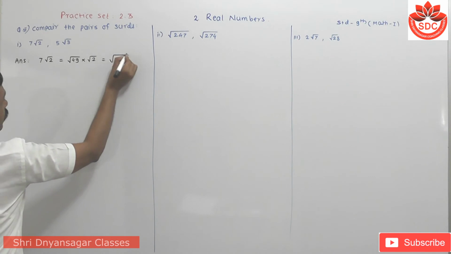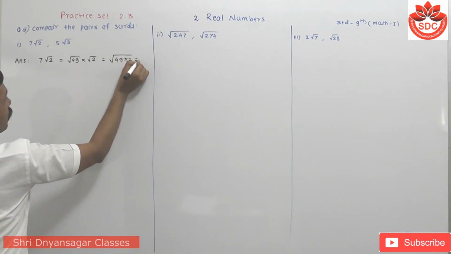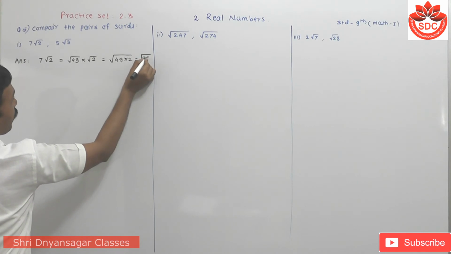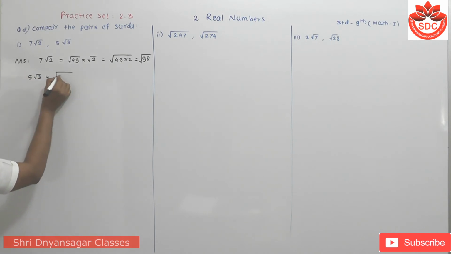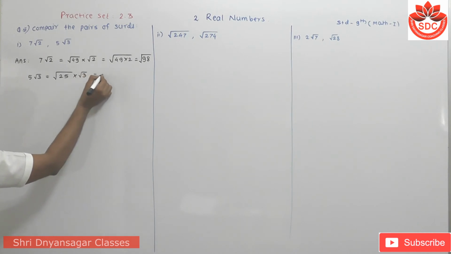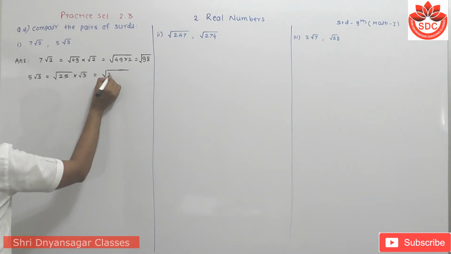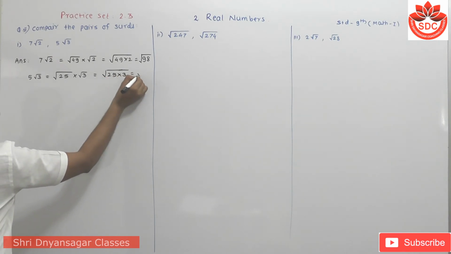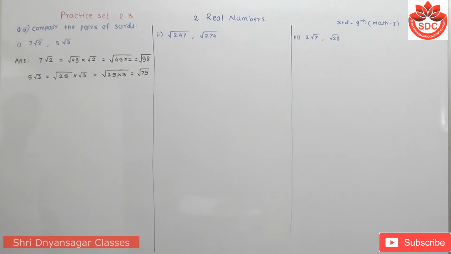Then we write its product, 49 into 2 is equal to root of how much? 98. Then the next one is 5 root 3. We write this 5 as root of 25 into root 3, means this value becomes 25 into 3 is equal to root of how much? 75.